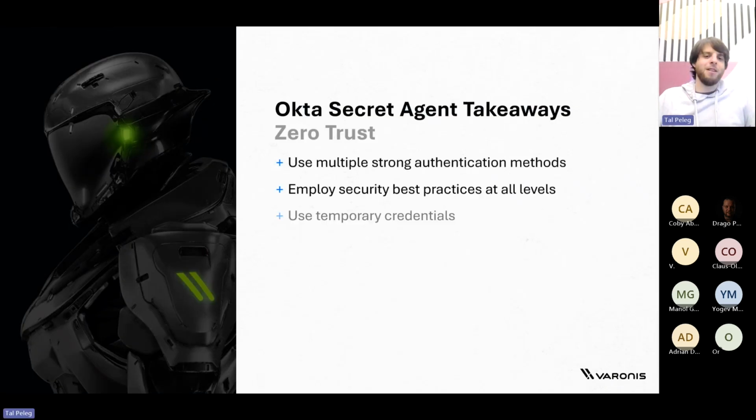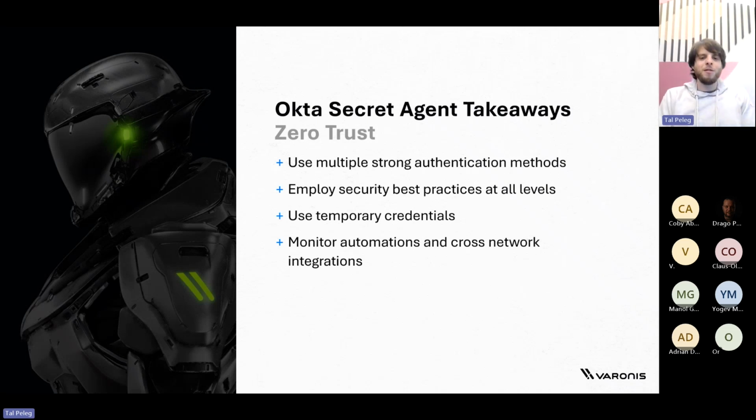What takeaways can we take from this? Well, use multiple strong authentication methods. If Bob were to use MFA, this would block the attacker from being able to only use the Active Directory agent in order to access the user's cloud environment or cloud account.